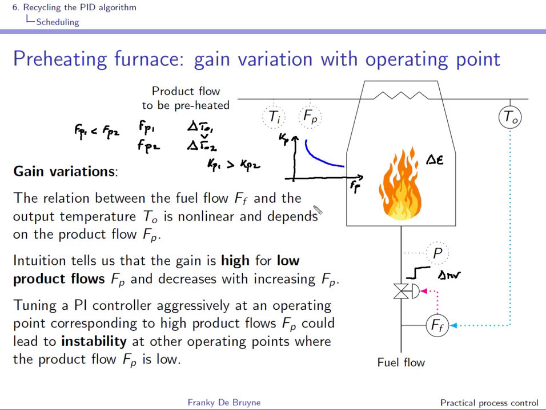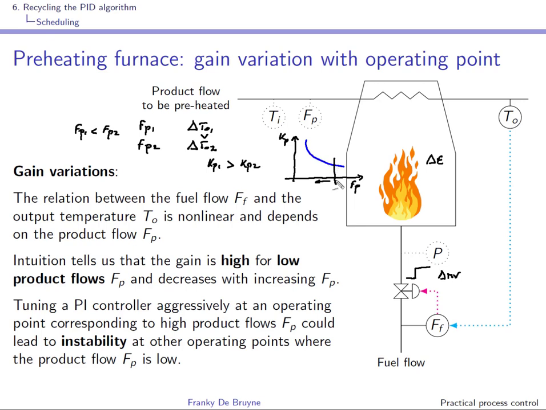So if we now tune, for instance, a controller very aggressively around this working point over here, what will happen if the product flow is decreasing? Well, we'll have a situation where the static loop gain will increase, and this could lead to instability.